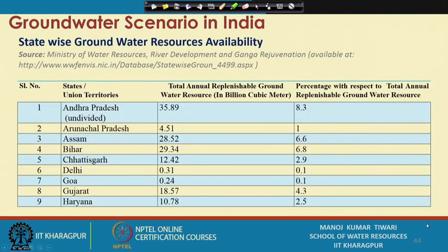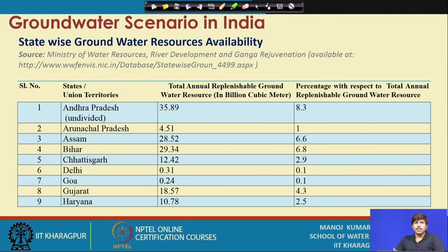The state-wise groundwater resource availability, this is data compiled from the Ministry of Water Resources, and it is available on the net, the link is given. State-wise, you see the total annual replenishable groundwater available and the percentage with respect to the total.